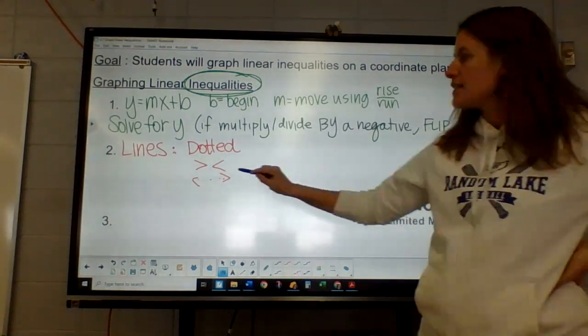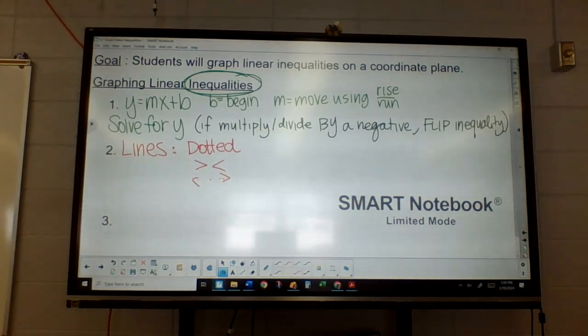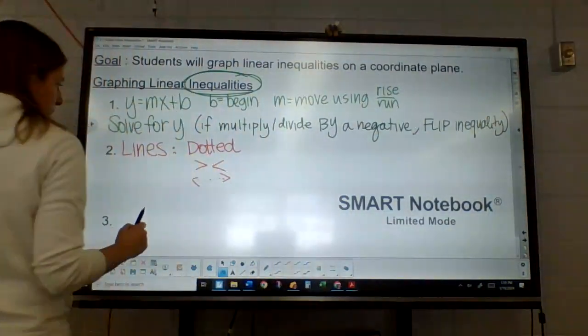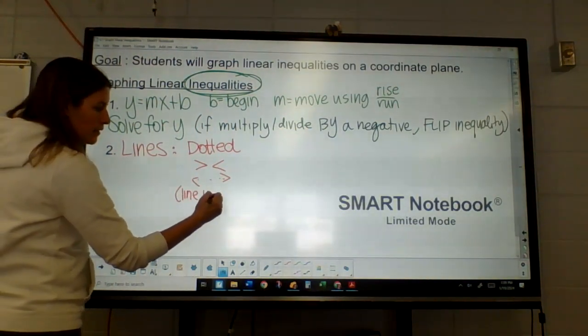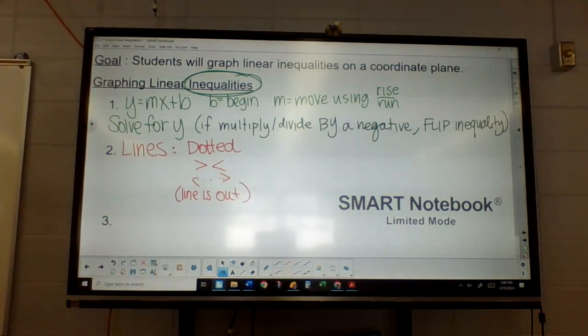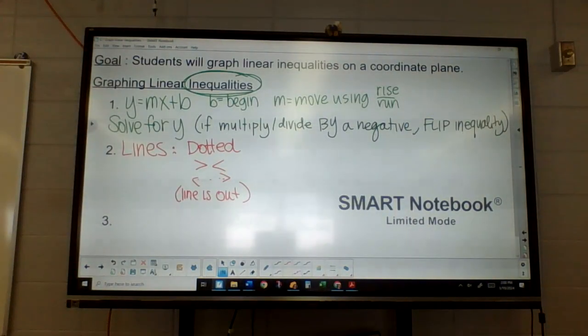That means the line is not going to be a solid line as part of our solution. In this one, we're going to say the line is out of bounds. So the line does not work. There's different games you play, where the line is out of bounds and the line is in bounds.